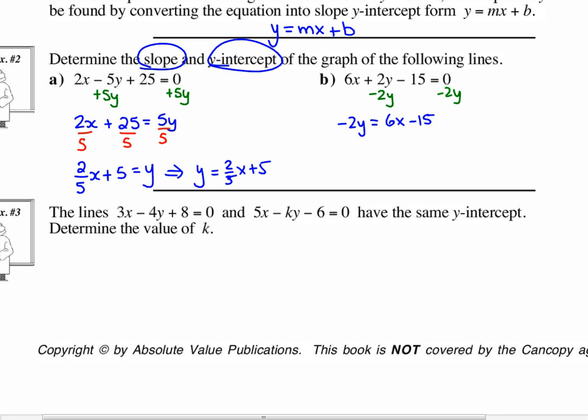Doesn't matter which side it's on. Last step: divide by negative 2. So we have y equals negative, good. When you have two negatives, remember it makes it a positive. 15 over 2 becomes a positive 15 over 2. There's two negatives there. And 6 divided by negative 2 is negative 3.